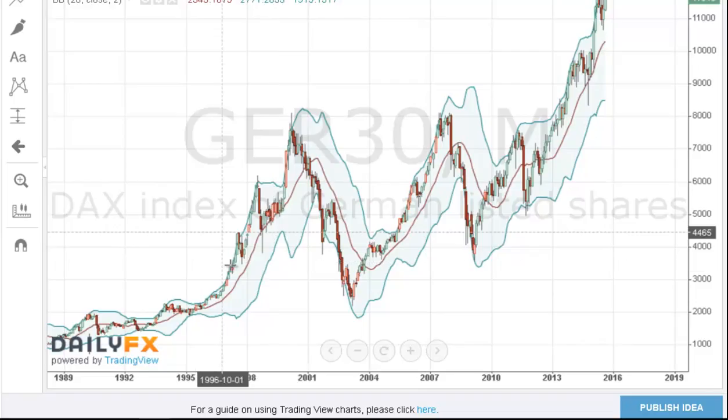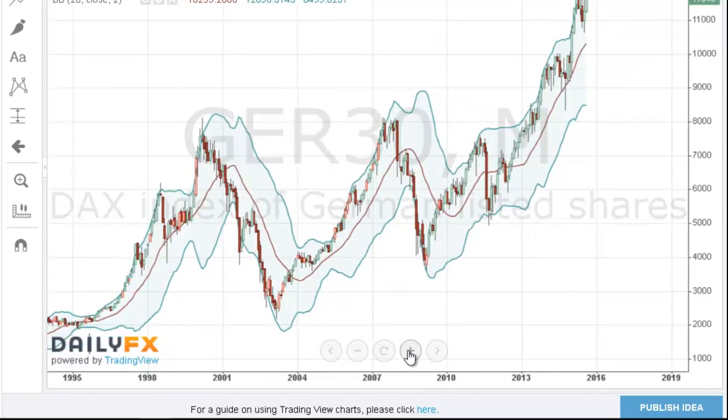Then if you look at that brown line algorithm, I'd get long here because we're above the brown line, and I'd hold on, and I'd only sell it once it broke, when it was below the brown line. So here it did touch it, and we'd exit our position. But remember, we bought it way back here, so we made some nice profit.